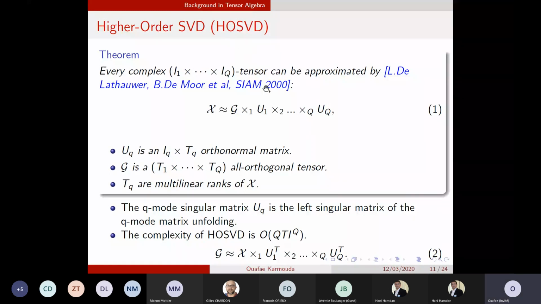And if we want to compute the core tensor, which can be seen as a compressed version of X, we can just bring these matrices to the left side, transpose them, and compute J using the expression given in 2.